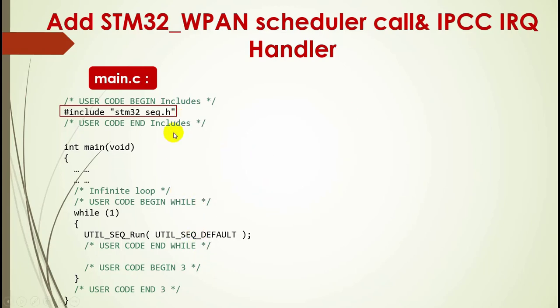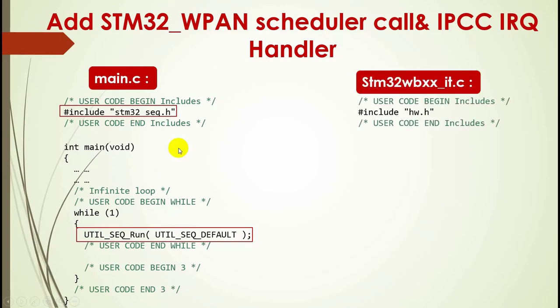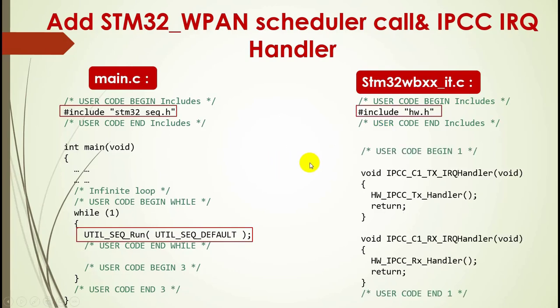Okay, now coming back to the code, we will write some lines of code in the it.c file, where we will include one file, and then we have to write the IRQ for the IPCC layer. IPCC is the inter-processor communication controller, which is required to communicate between these two cores.